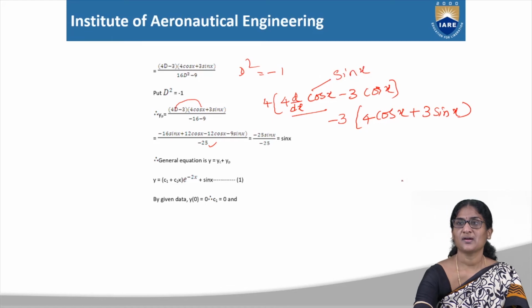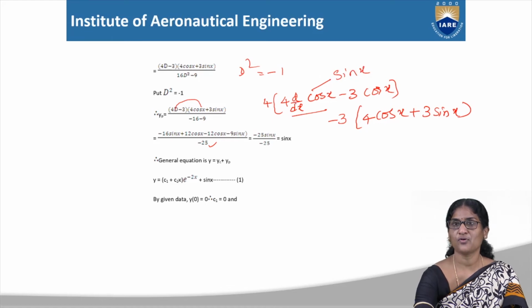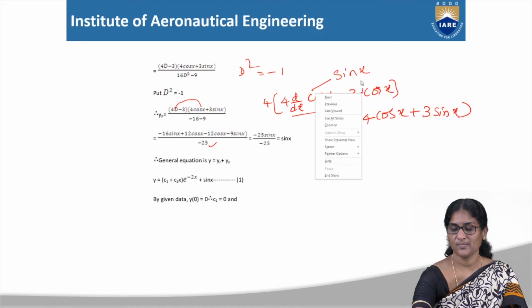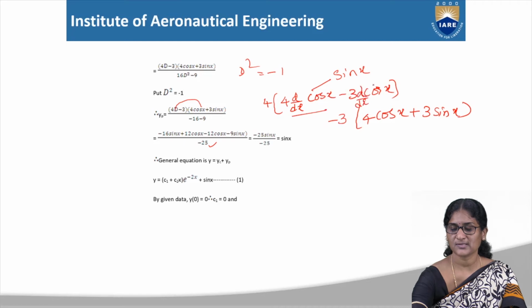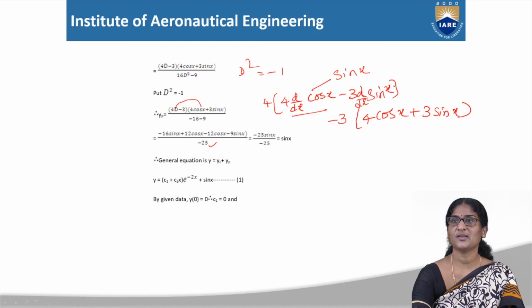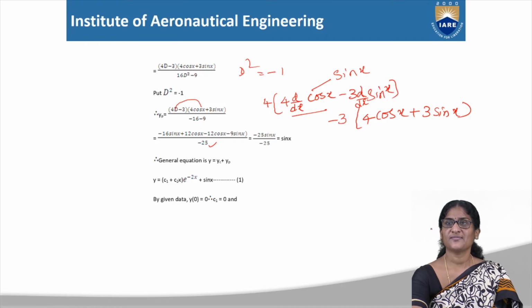Okay, so I'll repeat once again. 4 into d by dx of cos x plus 3 into d by dx of sin x, minus 3 into d by dx of sin x.